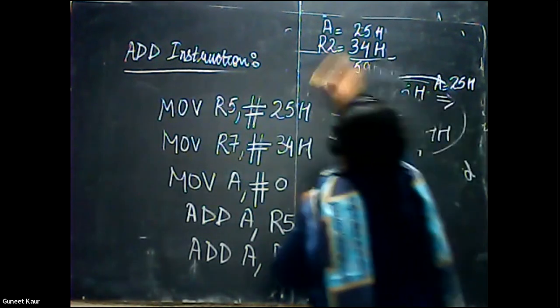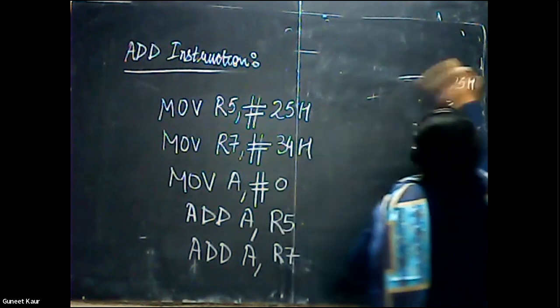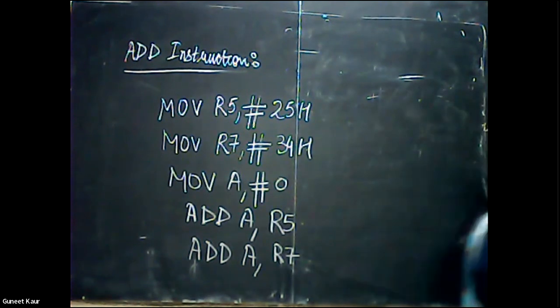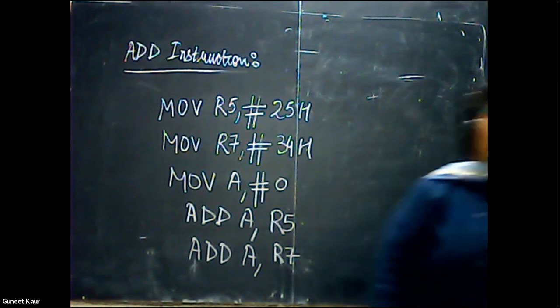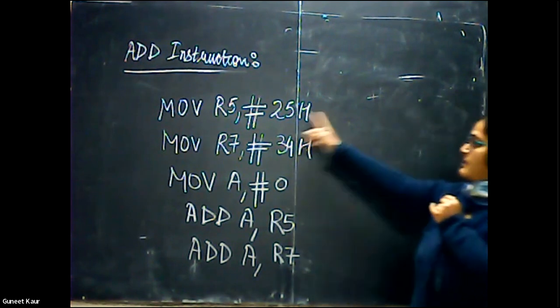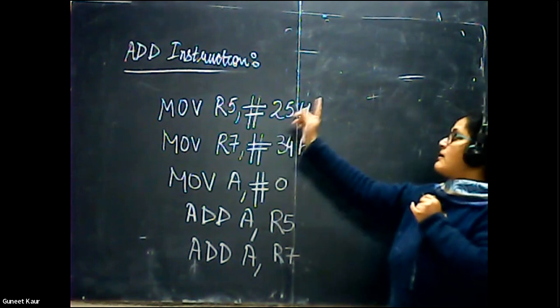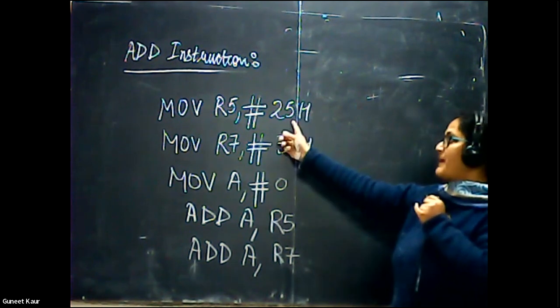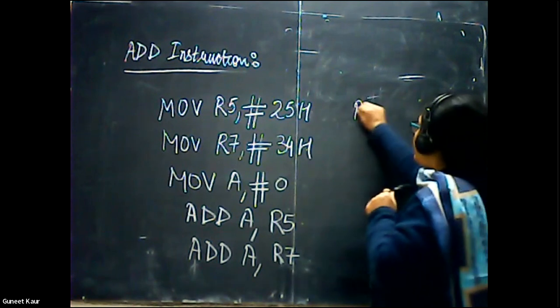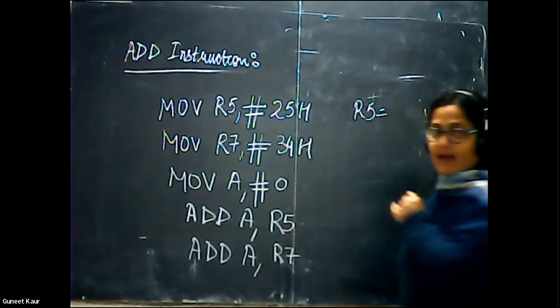We will go instruction by instruction, and after the execution of each instruction, see what content that particular register will contain. In this first instruction, we have to copy the 25H data into R5.